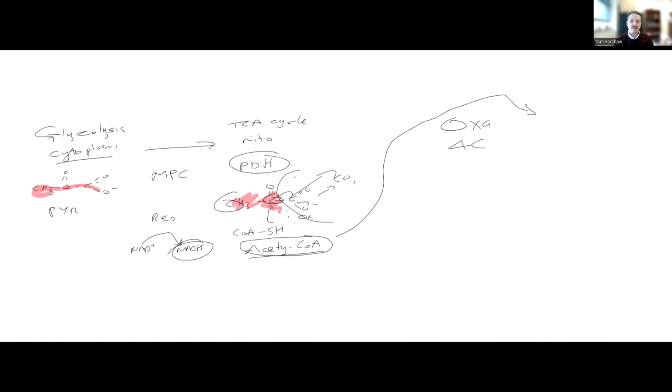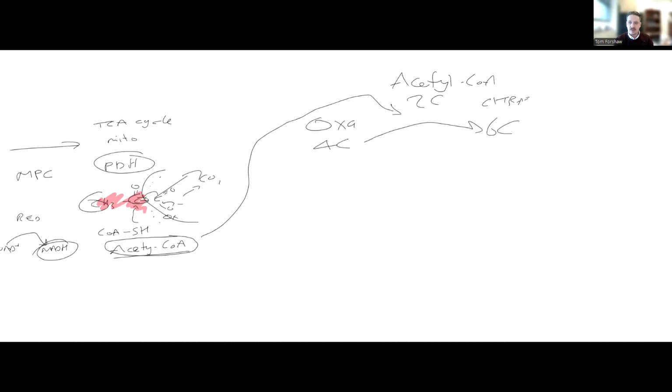So you have this 2-carbon acetyl-CoA, and they condense together to form the 6-carbon citrate, or citric acid.